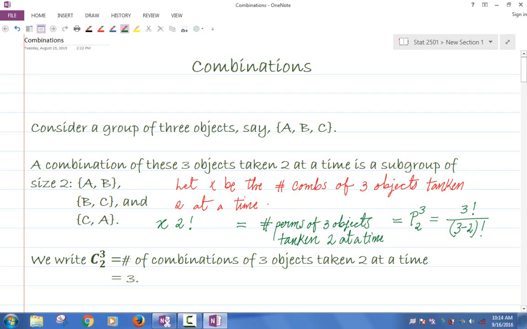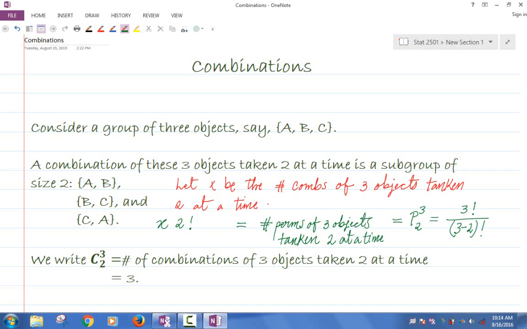So think about how you're going to list out the permutations. You have 3 objects, you are taking the permutations of 2 at a time. So from 3 objects, you pick 2 of them, and then you can write them as AB and BA. Pick another pair, BC and CB.